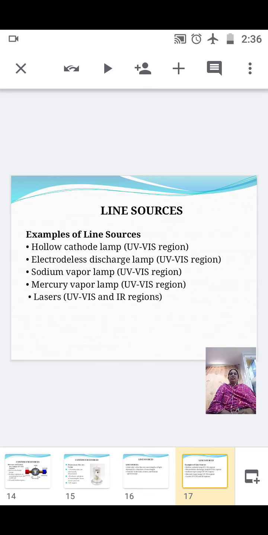So examples of line sources are hollow cathode lamps, electrodeless discharge lamps, sodium vapor lamps, and mercury vapor lamps, all in UV and visible regions, and lasers, which are used in UV, visible and IR regions, all the three.